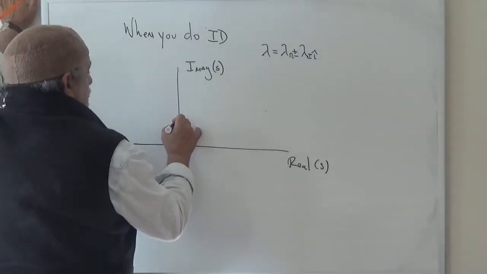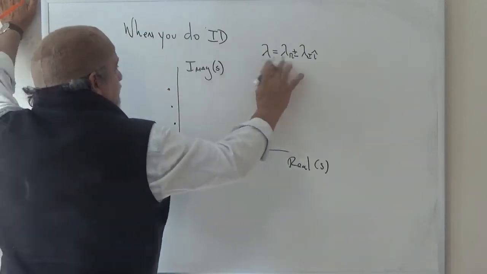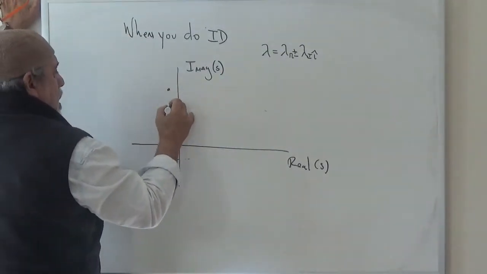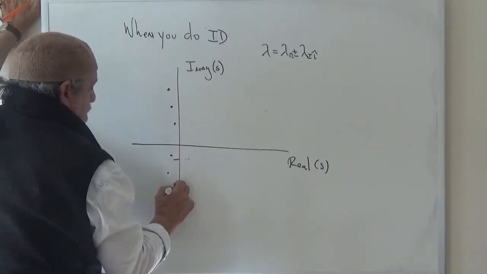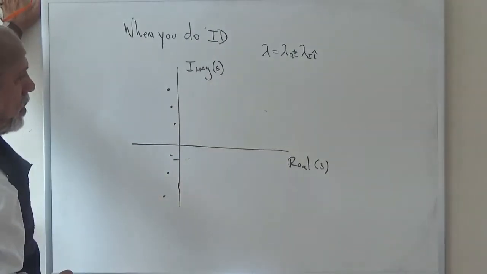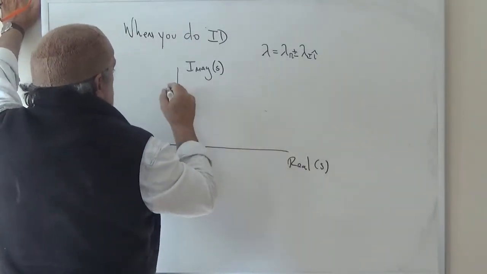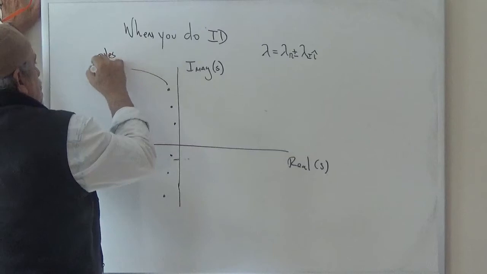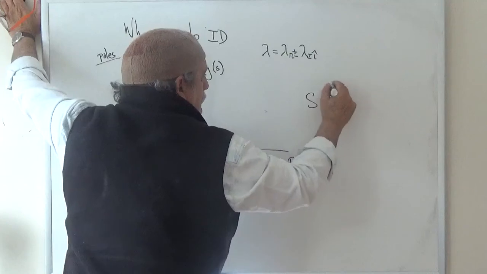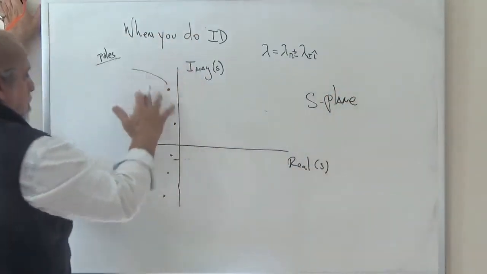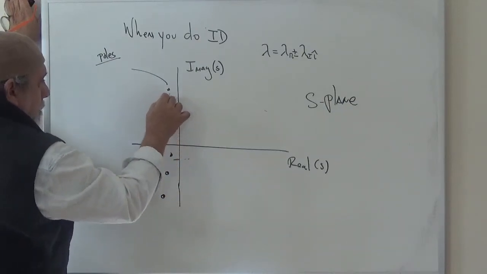So let's say, for example, that you identified 3 pairs of complex eigenvalues, and if you plot them on the complex plane, they would plot like that, okay? That would be the imaginary of lambda. So let's say these are poles. You can plot the poles in the S-plane. So let's say these are the poles that you were able to identify.